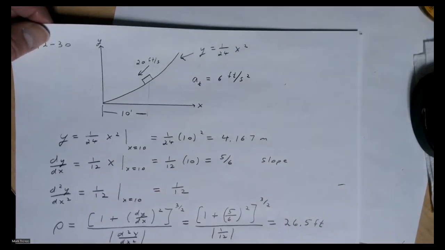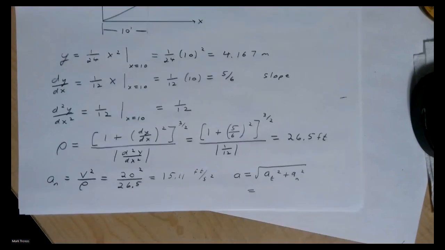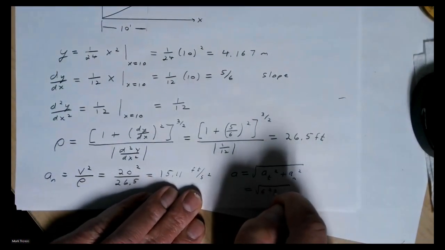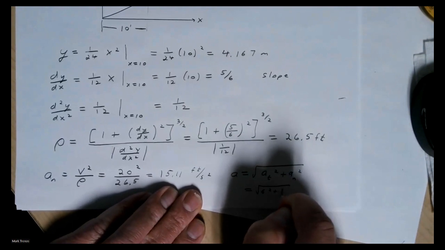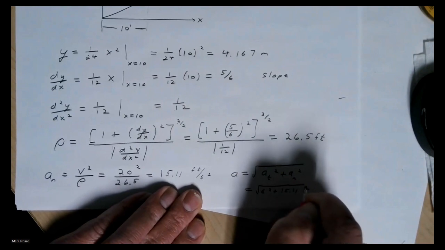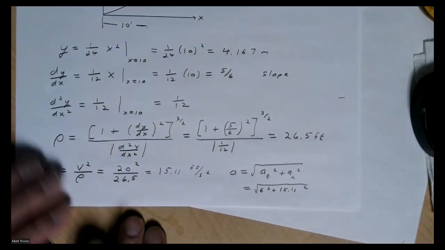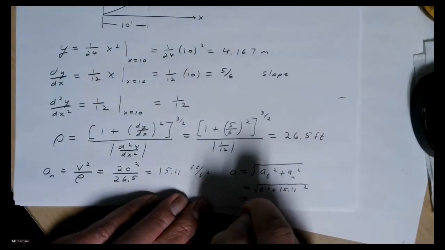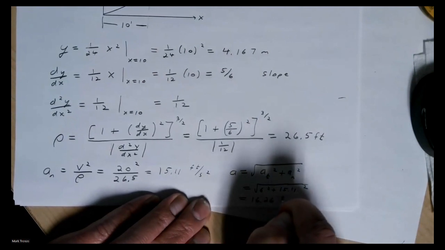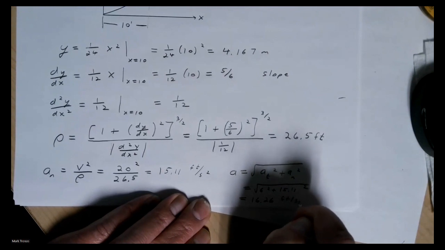That was actually given in the problem. And so this is going to be the square root of 6 squared plus 15.11 squared. And our acceleration comes out to around 16.26 feet per second squared.